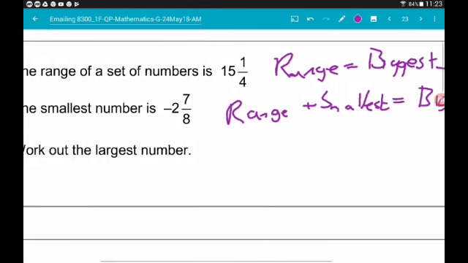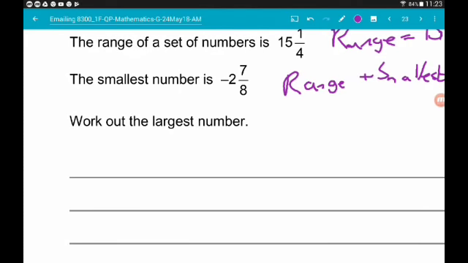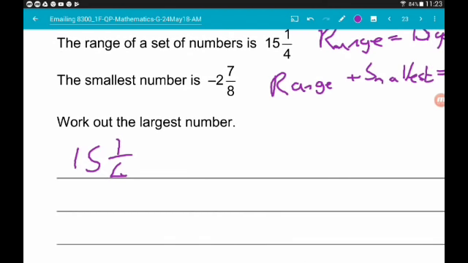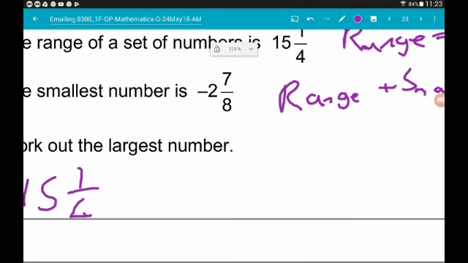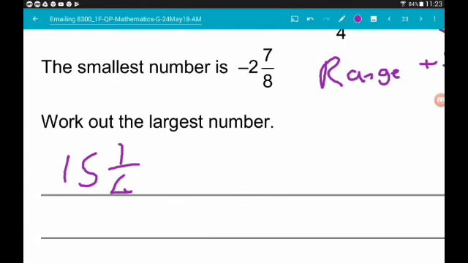So we know that 15 and a quarter plus our smallest number, so that's plus minus 2 and 7/8. So that's minus 2 and 7/8 is equal to our biggest number.